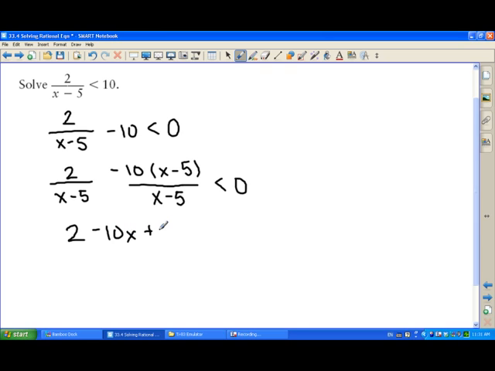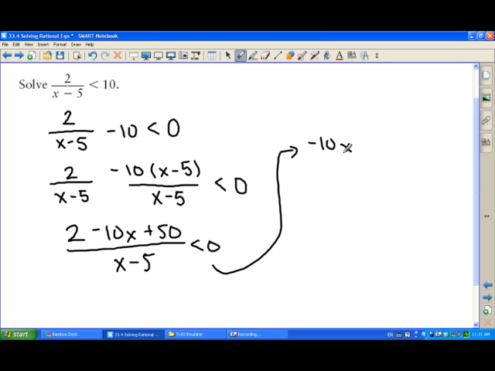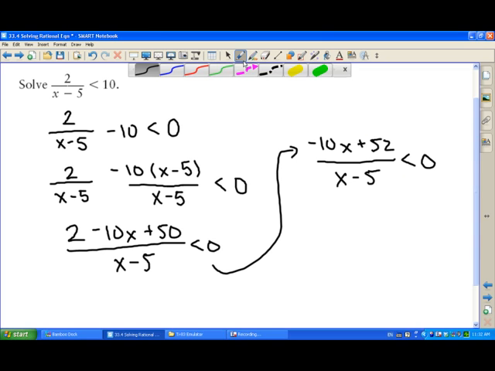So distributing and then simplifying, I have negative 10x plus 52 all over x minus 5 is less than 0. And this inequality now is of the form ax plus b over cx plus d.